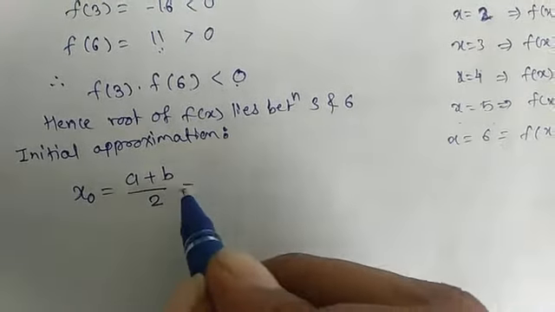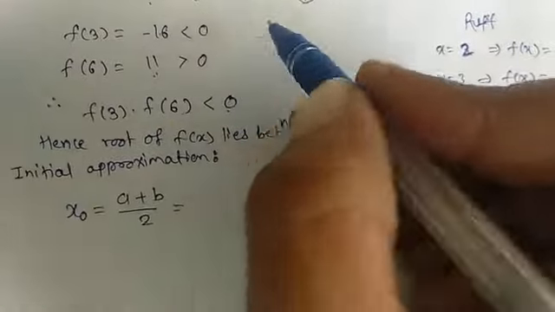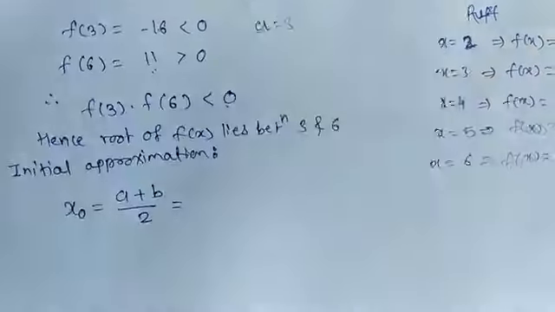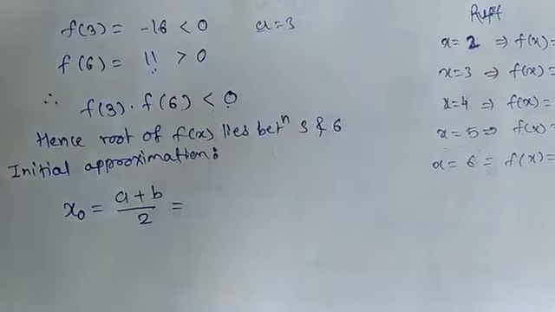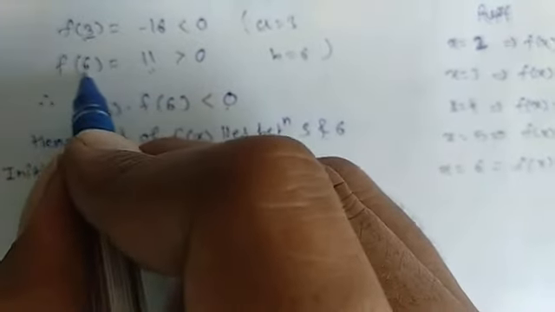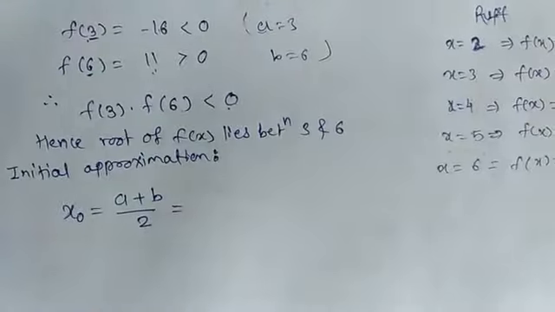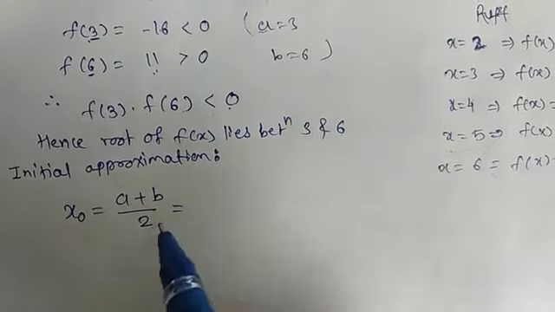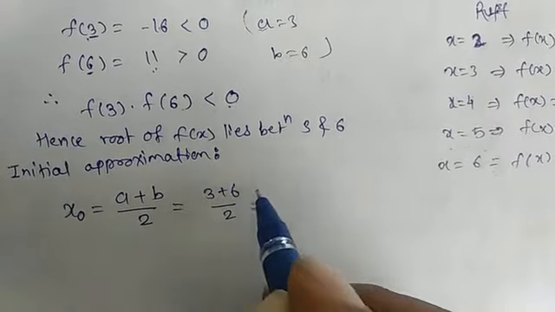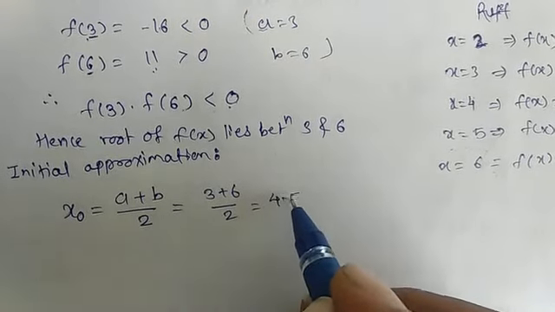Consider a is equal to 3 and b is equal to 6. So x naught is equal to a plus b upon 2, which means 3 plus 6 upon 2, which is equal to 9 upon 2, which is 4.5.